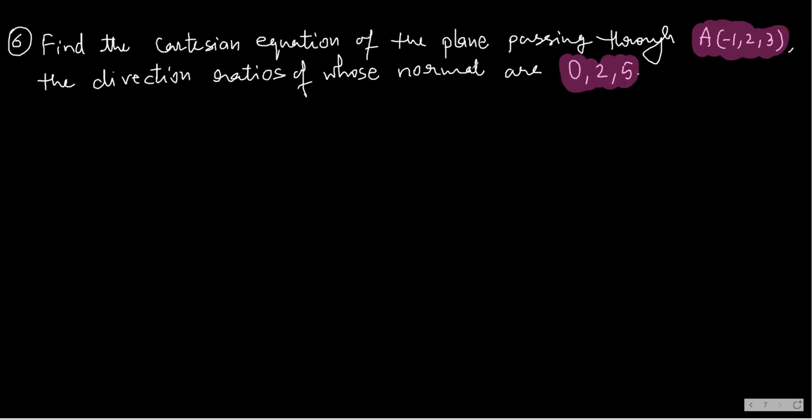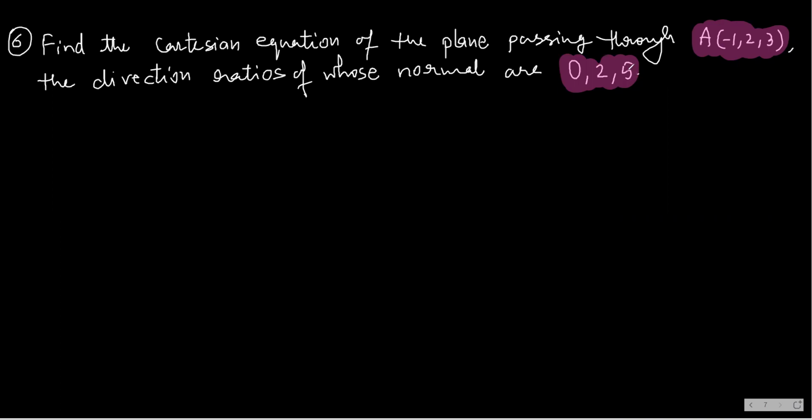Students, we need to find the equation of a plane, whether it is vector form, Cartesian form, whatever form. To find the equation of a plane, I need 1 point on the plane and a vector perpendicular to the plane, which I call normal vector. Here, do they give me 1 point on the plane? Yes. Do they give me a vector perpendicular to the plane?